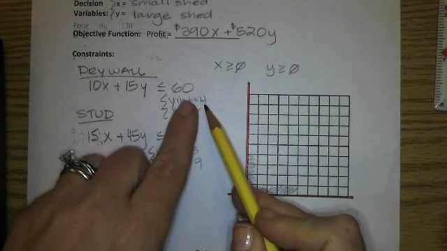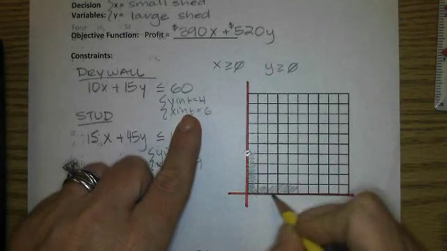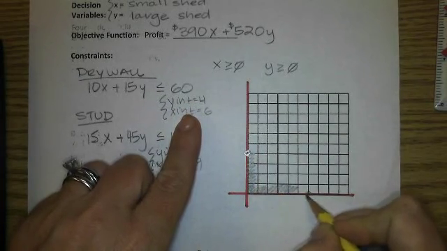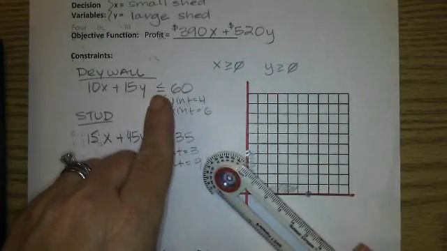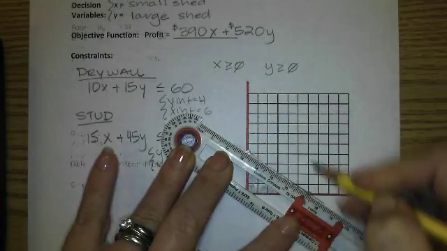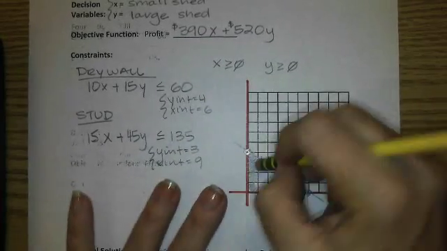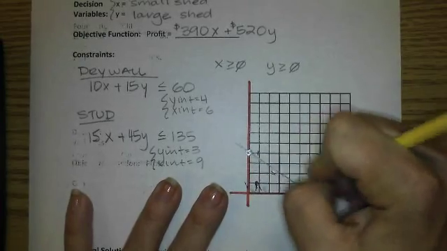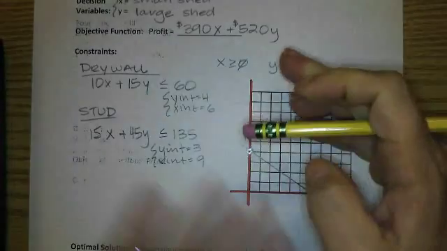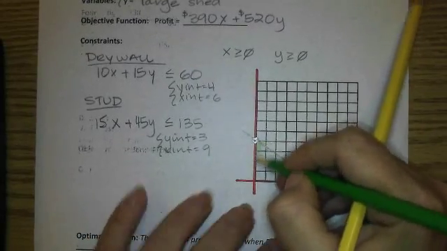So now I'm going to start looking at my x and y intercepts. So I have a y-intercept at 4 and an x-intercept at 3. Notice this is going to be a solid line, and I'm shading below. And instead of using pencil here, I'm going to use a colored pencil so it's a little bit easier to see.